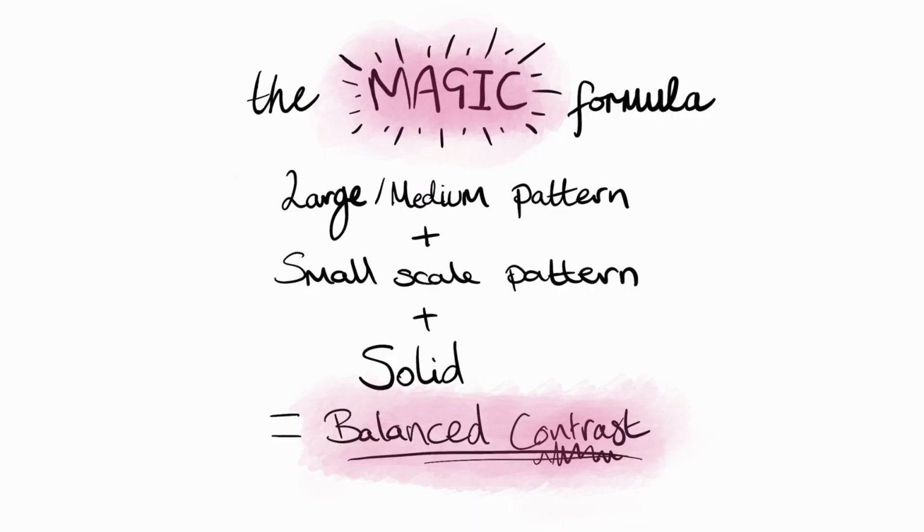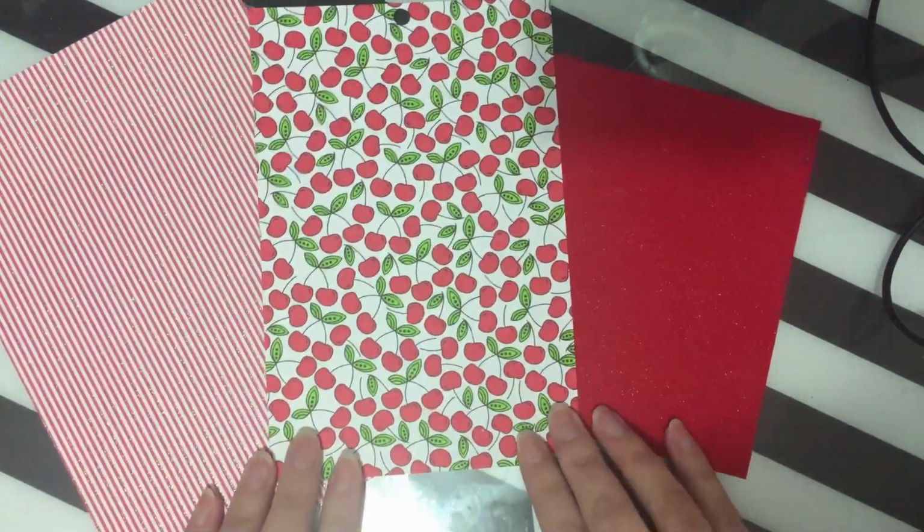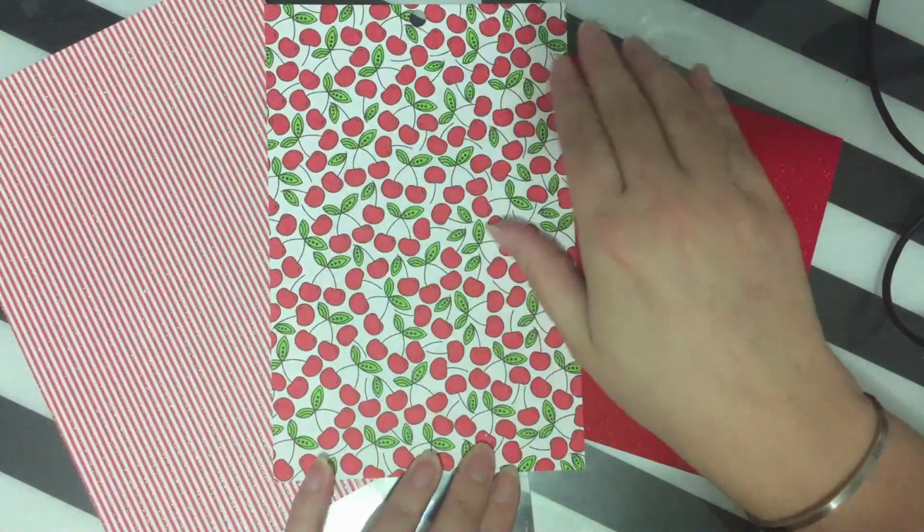So the magic formula is you have a large to medium scale pattern, and then you have a small scale pattern and a solid colour. So in this example I've picked these three, and you can see that this is quite a busy pattern.